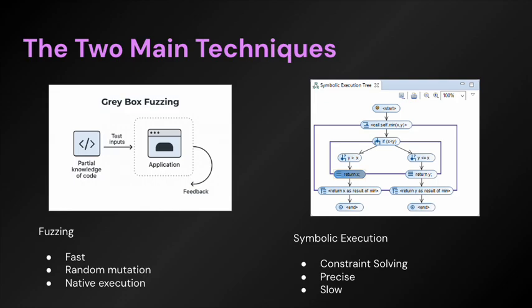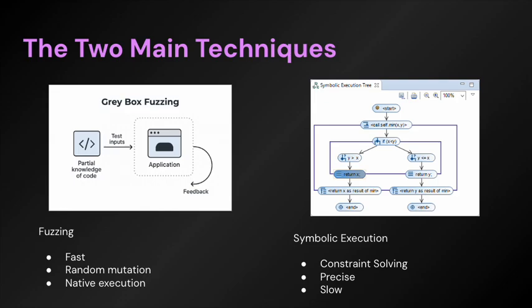First, fuzzing. Fuzzing works by generating lots of random inputs and feeding them into a program. The goal is simple. If the program crashes, we might have found a vulnerability. Modern fuzzers mutate inputs in intelligent ways and track code coverage, meaning they try to discover new program paths. The advantages of fuzzing are it is very fast, it runs programs natively, and it can explore a lot of program paths quickly.